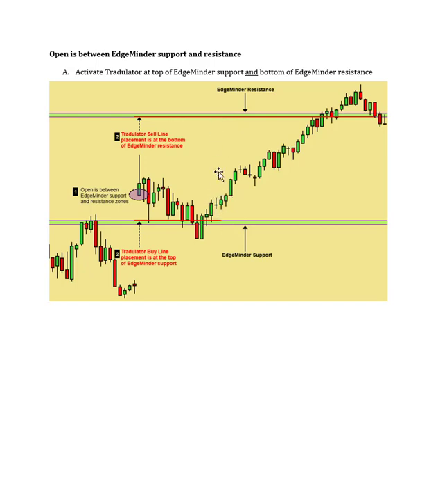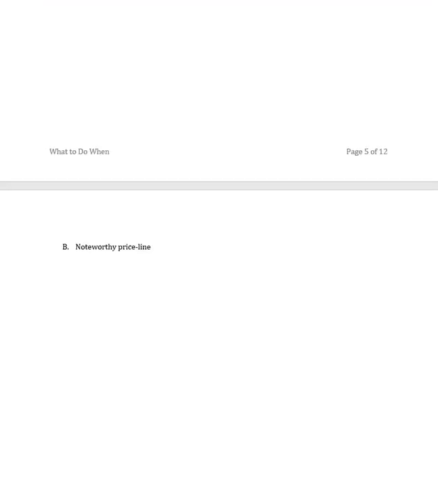So if you place the buy line first, immediately then go to your sell line and place your Tradulator sell line at the bottom edge of EdgeMinder resistance, and then just make sure that's enabled with the short button turned to green. And so that's for an open between EdgeMinder support and resistance. You just want to put your buy line at the top edge of support, your sell line at the bottom edge of resistance, and make sure they're activated.